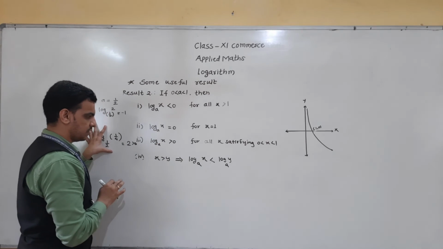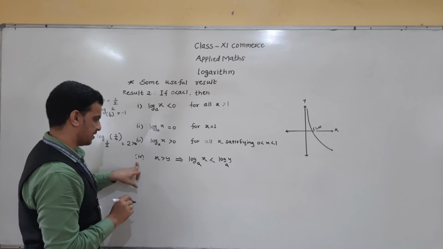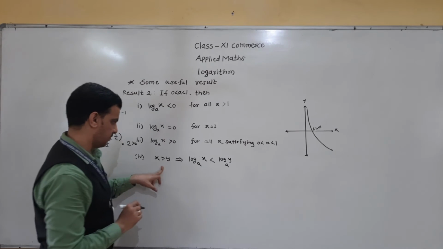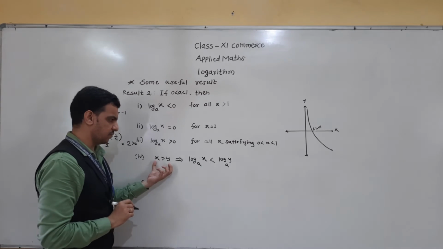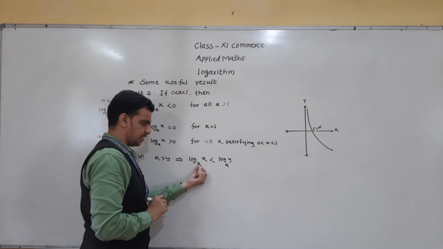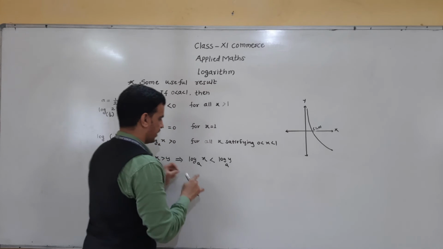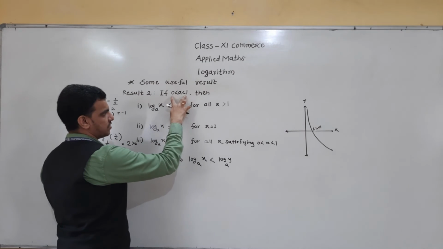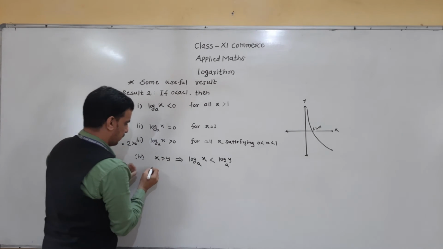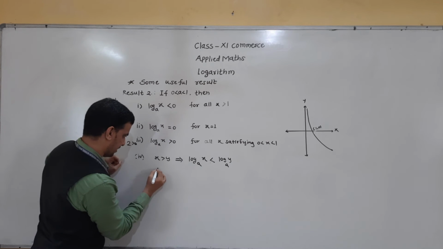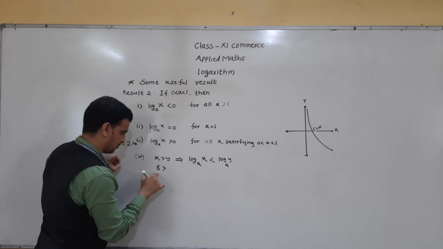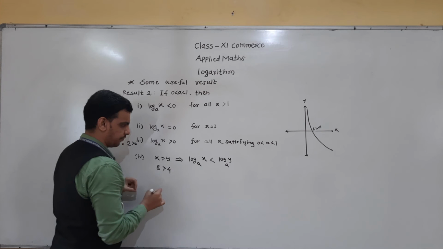Understand this? Now the fourth result: if x is greater than y, then log x to the base a is less than log y to the base a, when a is in between 0 to 1. Taking an example, 8 is greater than 4.